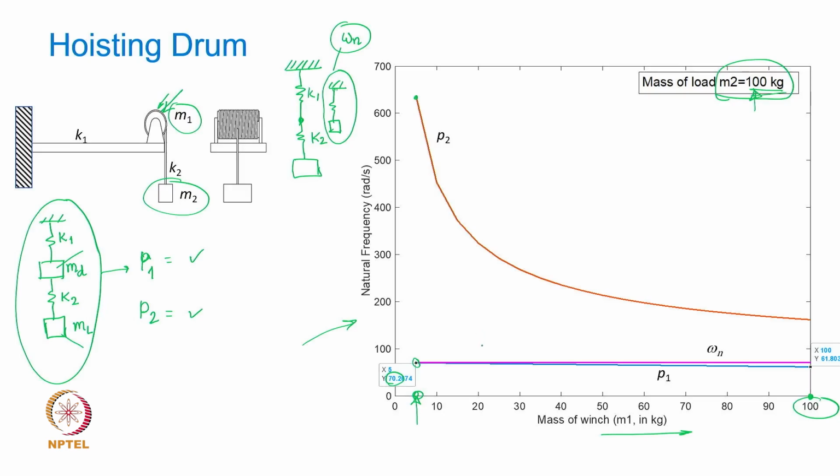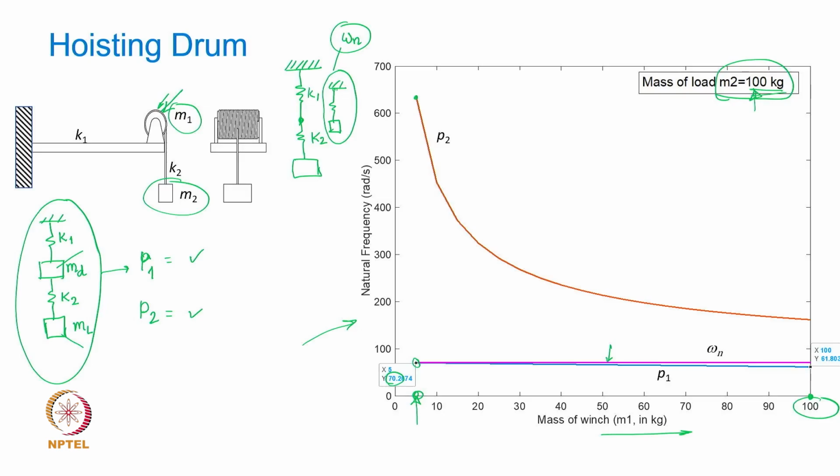in addition I am plotting, of course, the natural frequency when it is single degree of freedom. So we neglect the mass of the winch, and obviously that line is going to be just one single value. So I am just plotting it for the sake of comparison here.